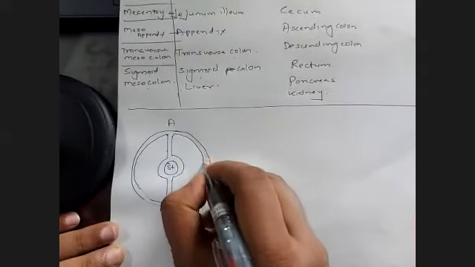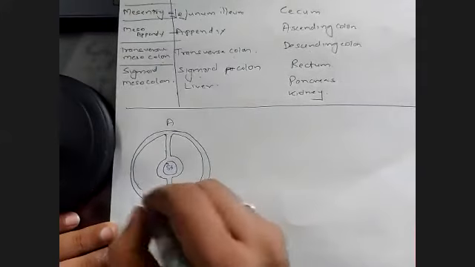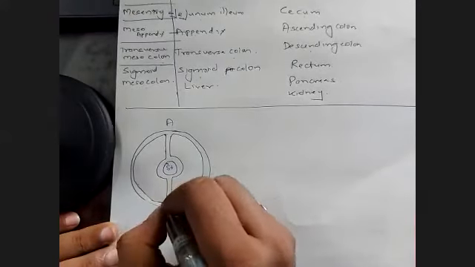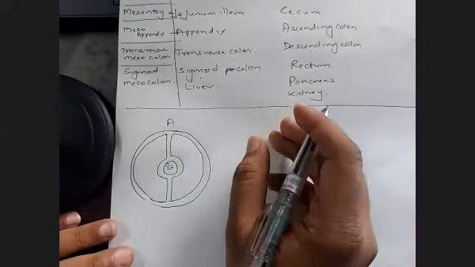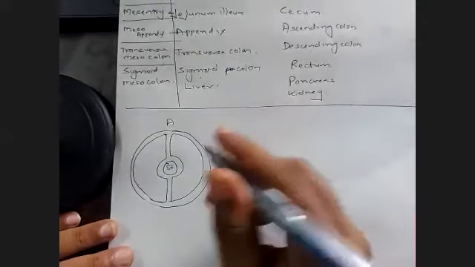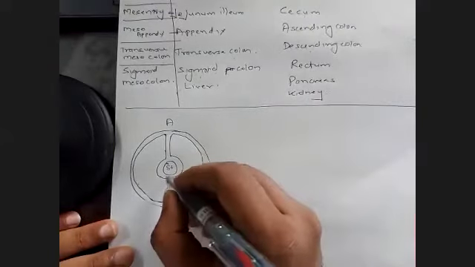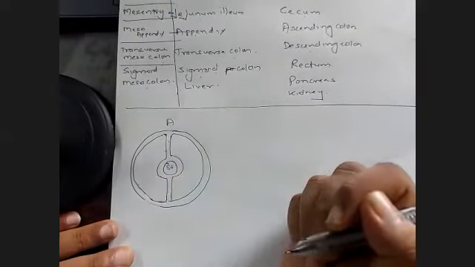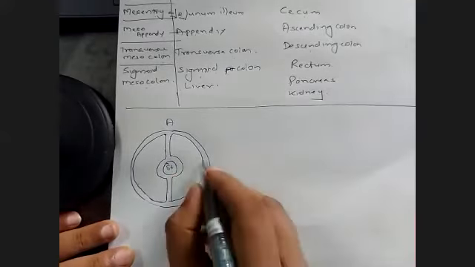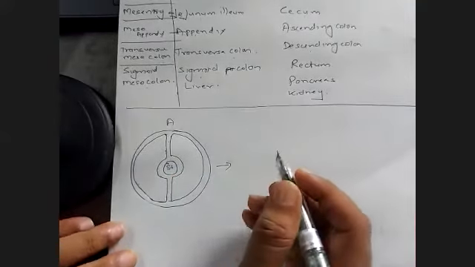Only in the foregut there is this ventral and dorsal mesogastrium. Otherwise, most of the midgut and hindgut only have dorsal mesogastrium. So this is stomach, ventral mesogastrium, and dorsal mesogastrium. Now, what is the next development?